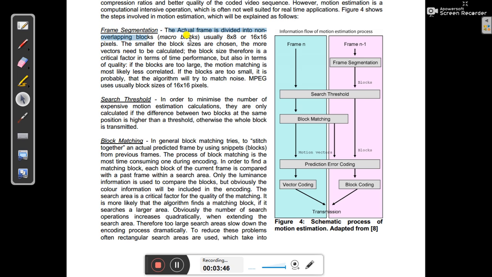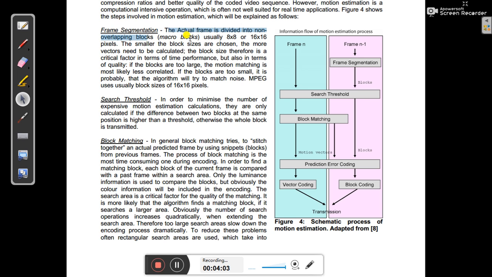Next one is the search threshold. In order to minimize the number of expensive motion estimation calculations, they are only calculated if the difference between two blocks at the same position is higher than a threshold. Otherwise the whole block is transmitted.